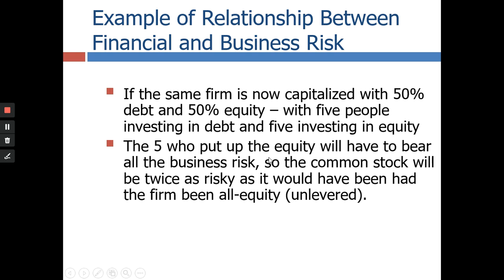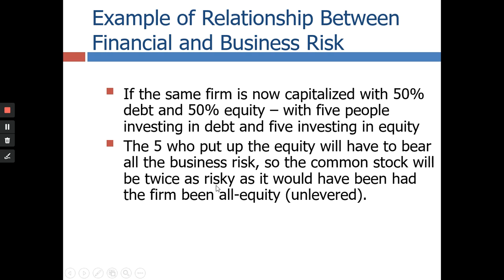The 5 who put up the equity will have to bear all the business risk. For instance, previously if the company made a 100,000 loss, 10 people would share the loss equally, which means each will bear 10,000, right?